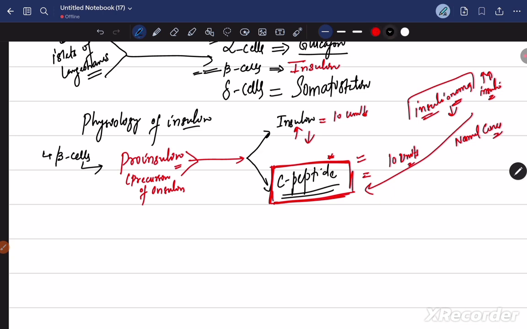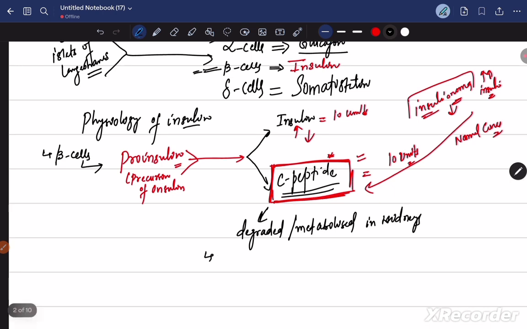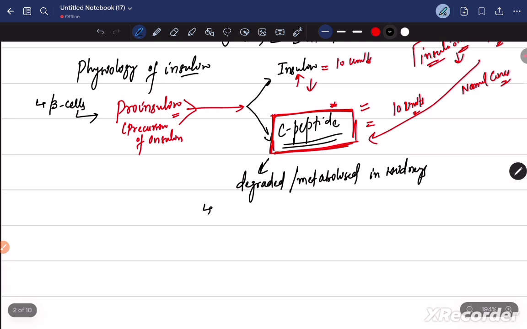But here you have to remember one thing, that this C peptide is degraded or metabolized in the kidneys. So whenever you are dealing with a case of renal failure, you must expect that there will be an increased concentration of C peptides.